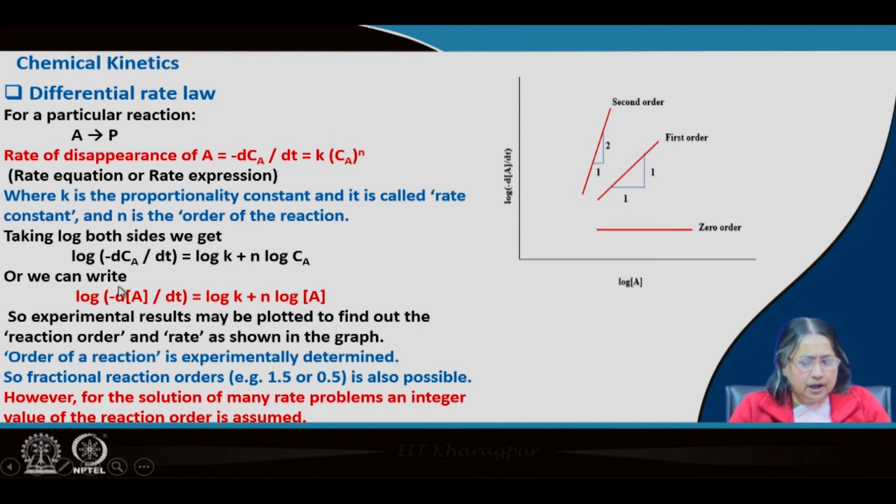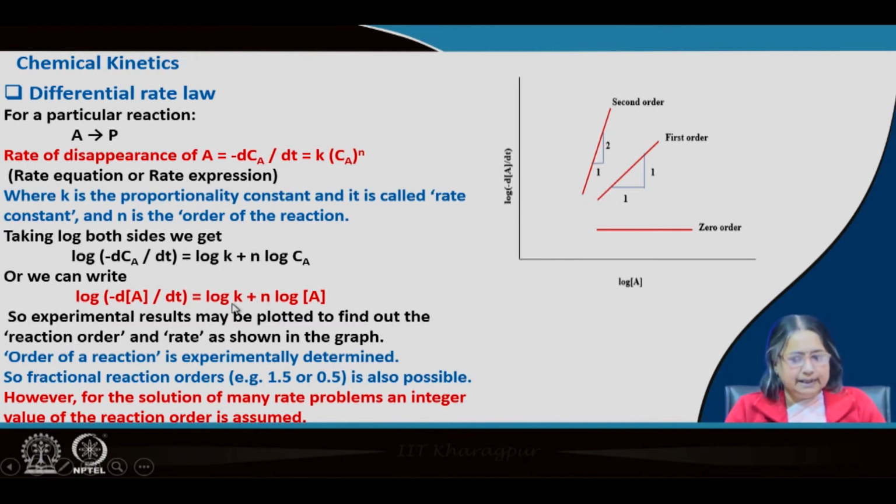Now, if by experiment you can determine log(-dA/dt), with the minus because A is the reagent, and log A at different concentrations of A, then if you plot log A on the x axis and log(-dA/dt) on the y axis, depending on the order of the reaction you will get these curves.